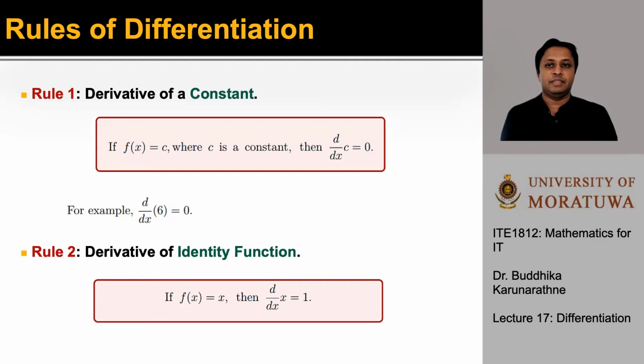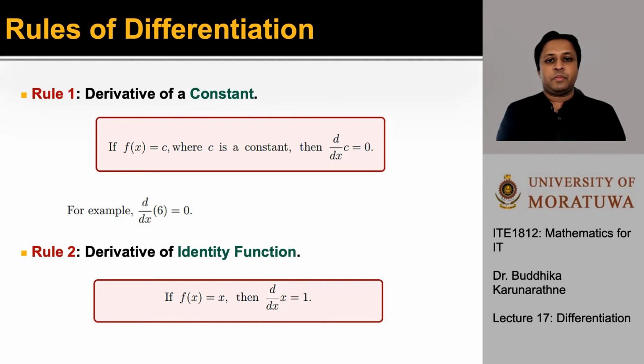Even if the function is defined by means of x, if the function is a constant, which means it is not dependent on x, so if f(x) equals c, where c is a constant, then the derivative of that function, which is c, is equal to 0. The derivative of any function with regard to any variable will be 0.